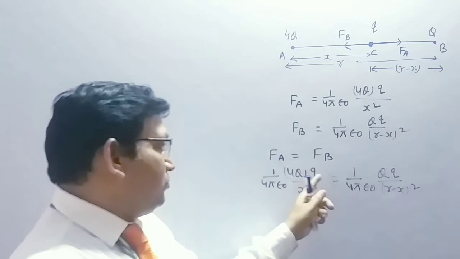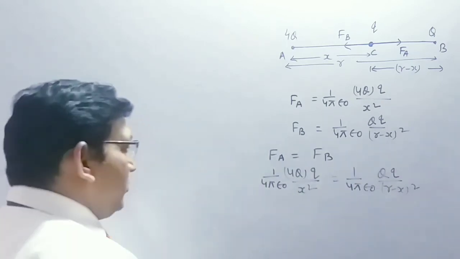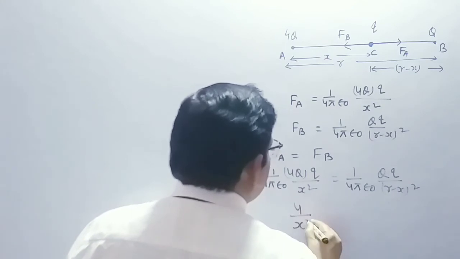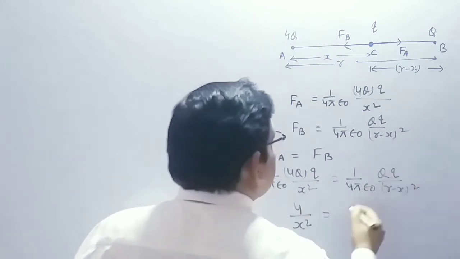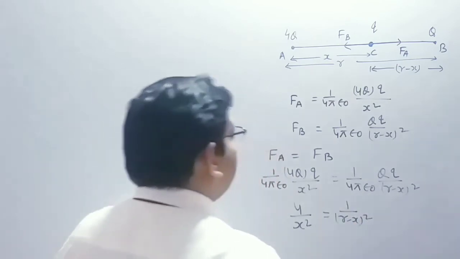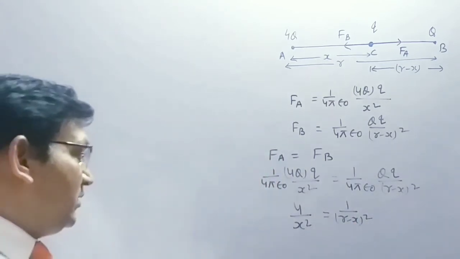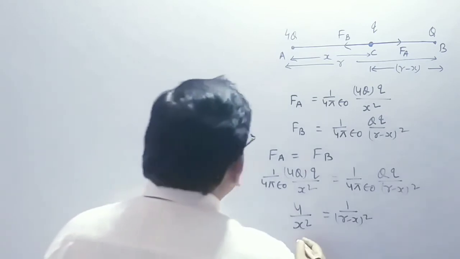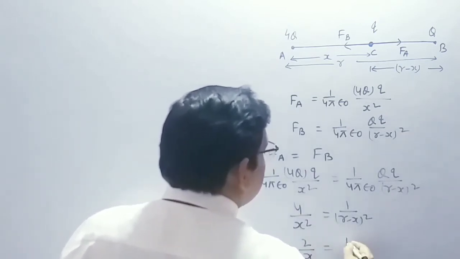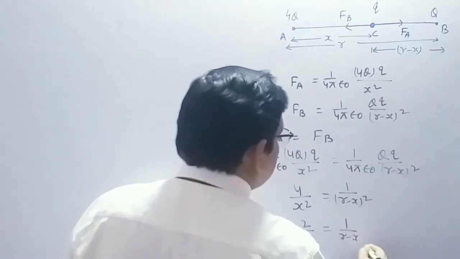Capital Q, small q, both sides cancel out. We have only left hand side now 4 by x square and this side 1 by (r minus x) square. How to solve this one? This can be simplified as 2 by x equals 1 by r minus x.